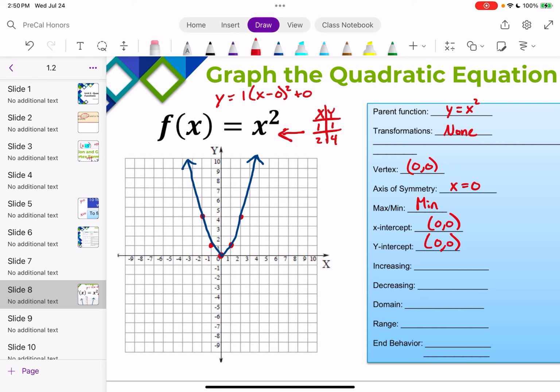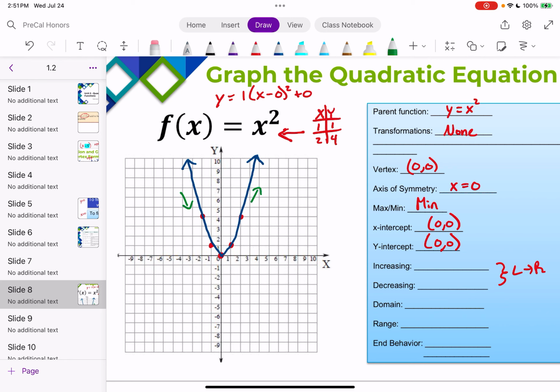Our increasing and decreasing, remember, we always have to read these from left to right. So, from left to right, notice it is decreasing and then increasing.